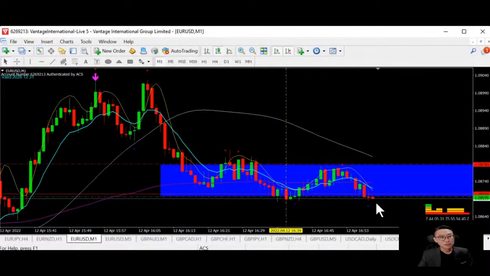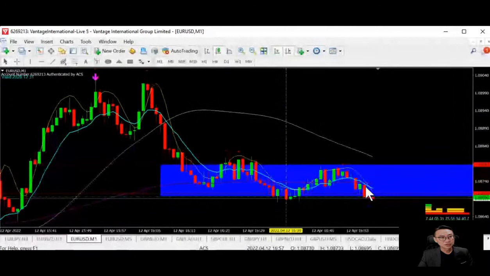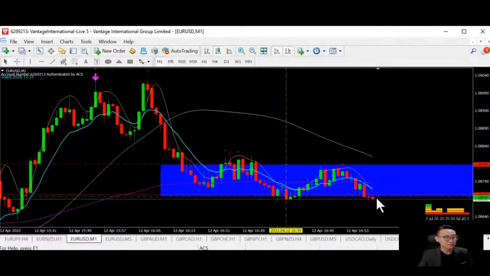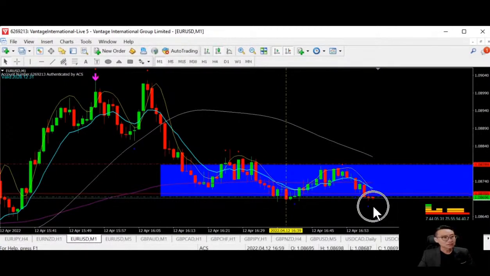If you have a lower resistance towards the support, you have a very good chance to break the support. So now it seems like we are at the verge to break the support.